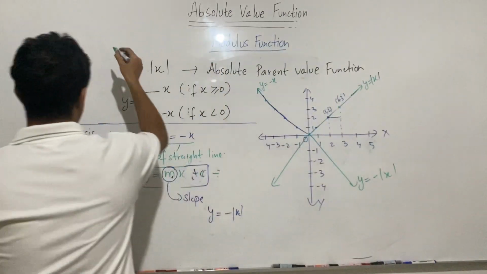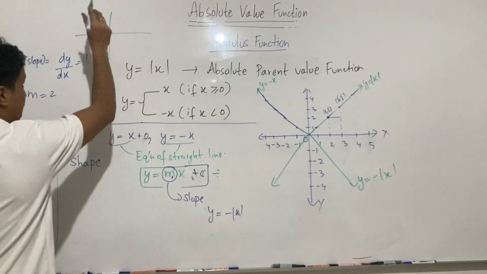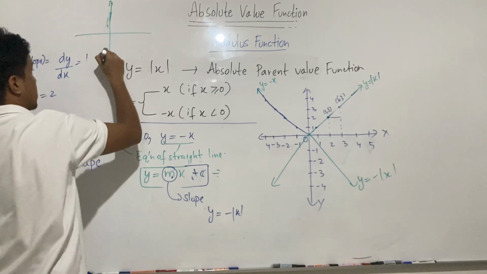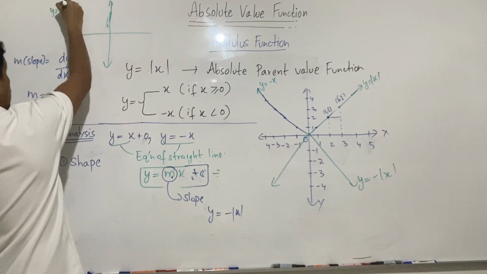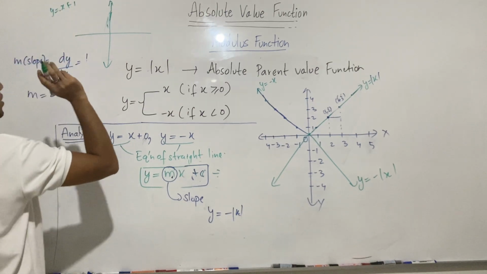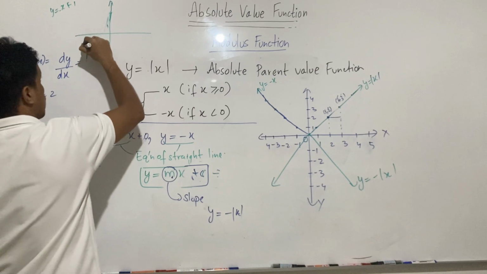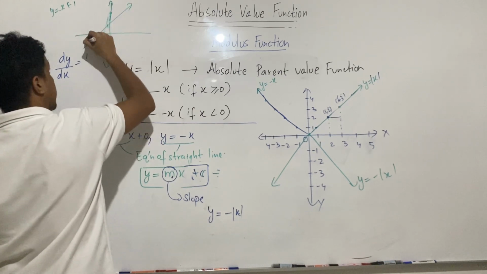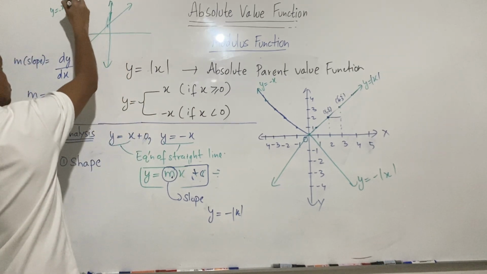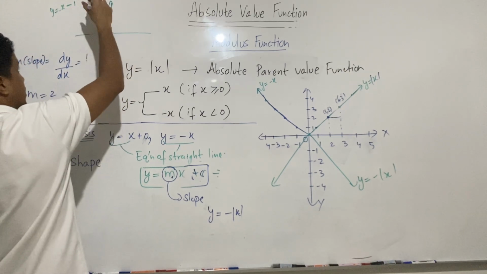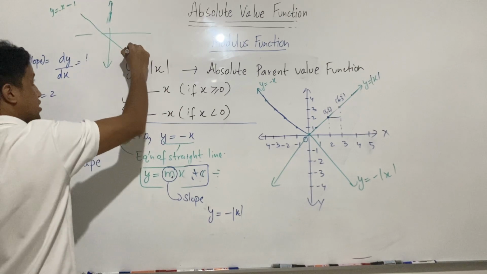Okay, for example, when we draw any straight line, y equal to x or y equal to x plus 1, here slope is positive, right? So positive slope always goes up. But if it is x minus 1, then your graph will be like this, downward.